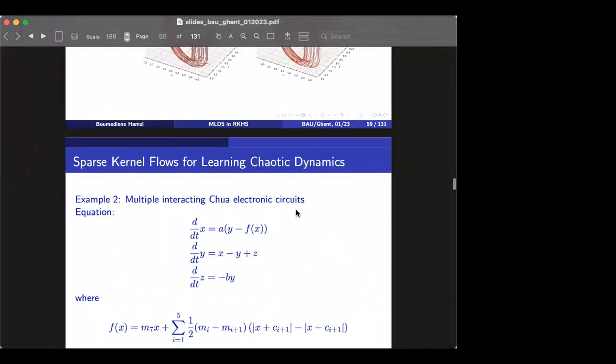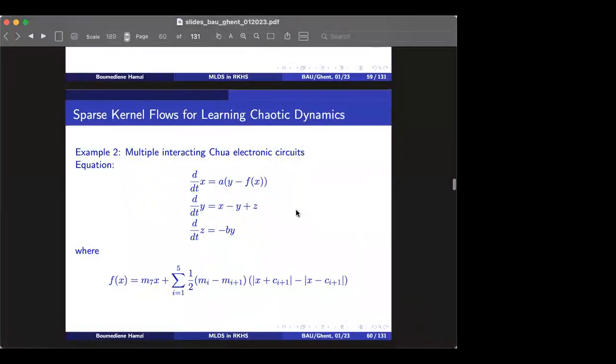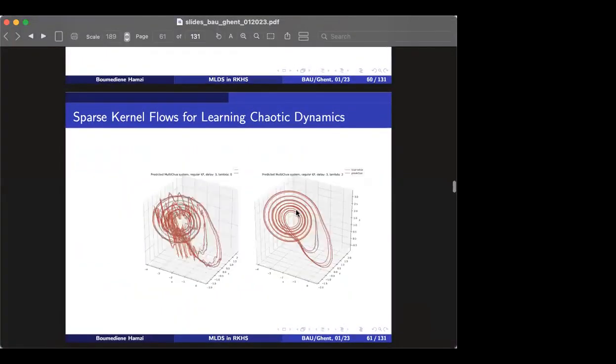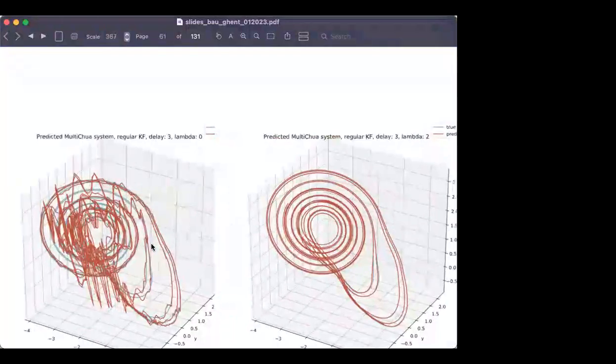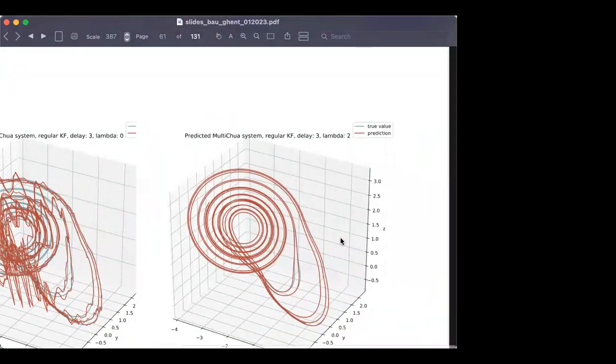Same thing for this example here, the true chaotic system. We have the regular kernel flows without sparsification, and this is the attractor, and this is what happens when we do sparsification, where lambda is equal to 2.